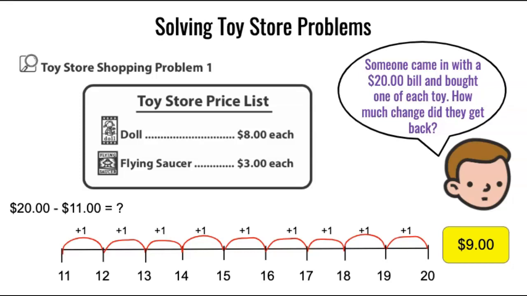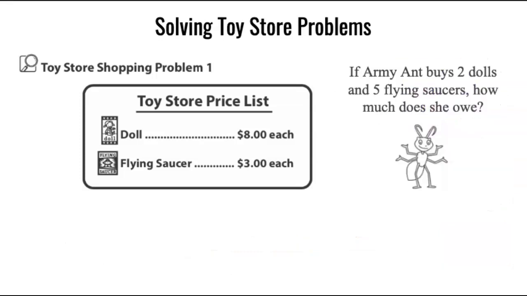Now that we've thought of some questions that we could pose to warm up our brains, let's have a look at the question that goes with this problem. If Army Ant buys 2 dolls and 5 flying saucers, how much does she owe? There are a few things that I need to know.